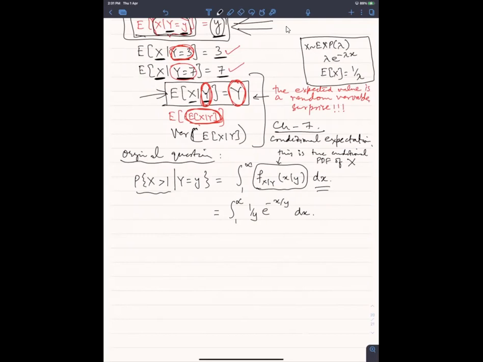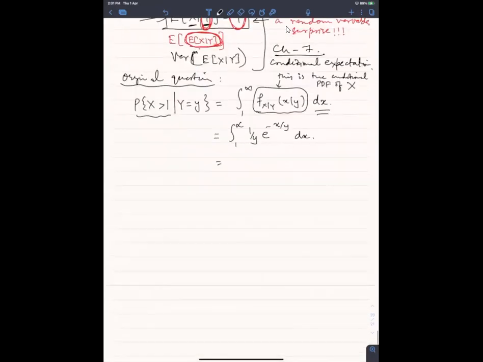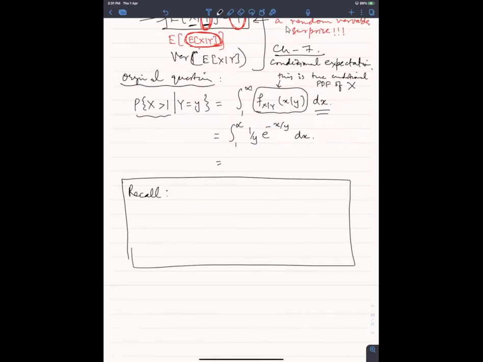What should the answer be? Recall that lambda e to the minus lambda x is the same type of thing, where lambda is replaced by 1 over y.